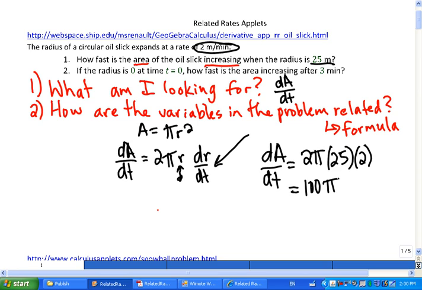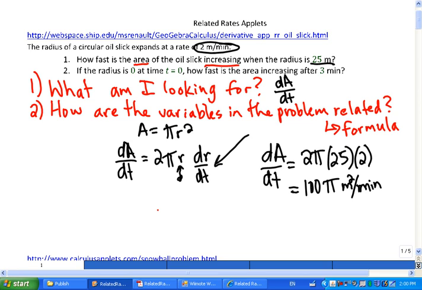Now my units, if you pay attention to what's inside the question, all of my units are in meters per minute. So when I'm dealing with the area, it's going to be in meters squared per minute. Now, some people were like, oh, isn't that acceleration, like meters squared per second? And you have to remember that this is a rate of change in the area.